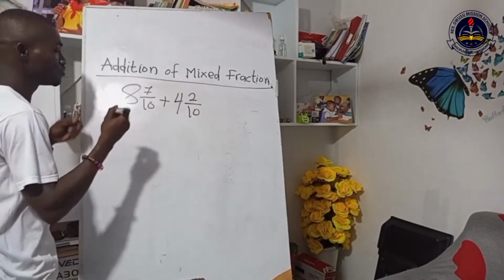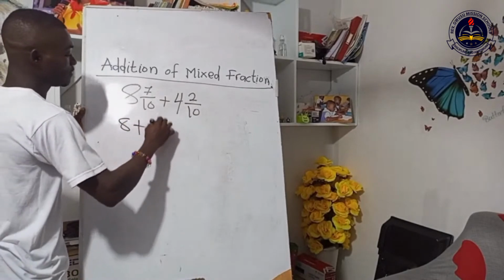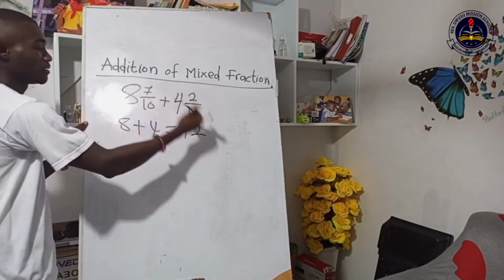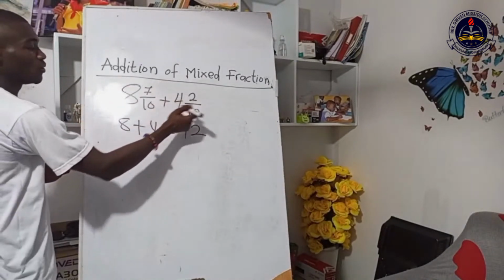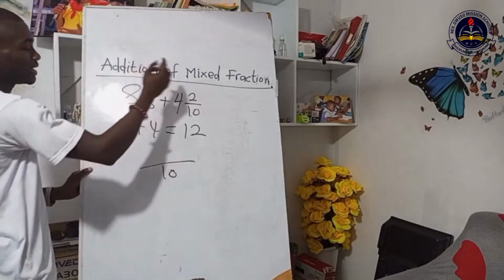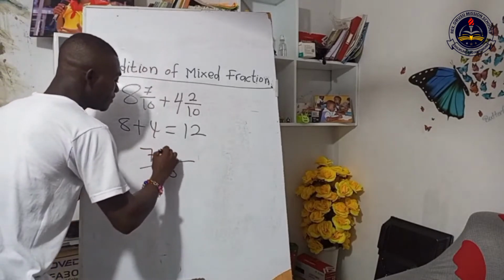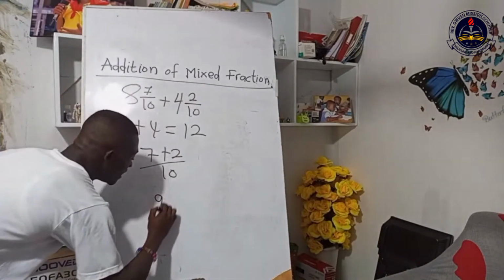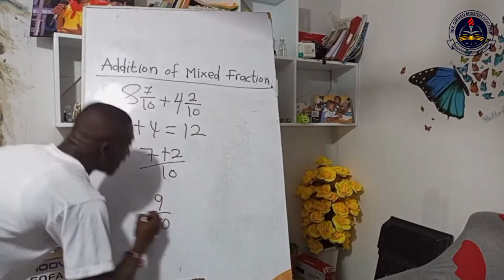So first, let's move on. 8 plus 4, giving us 12. Now we choose only one of the base numbers, which is 10. Then we add 7 plus 2, giving us 9 over 10.